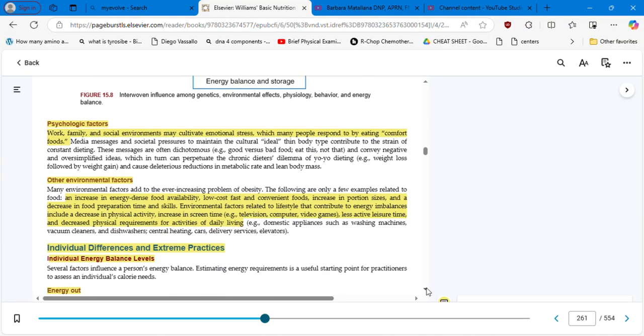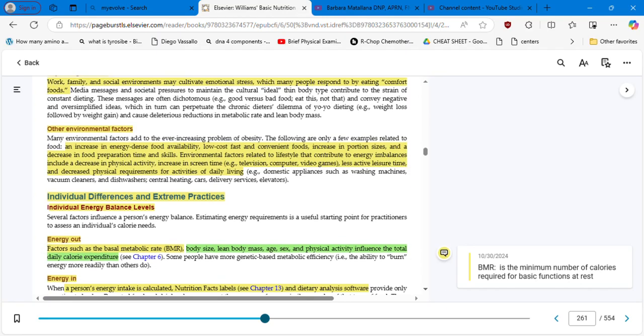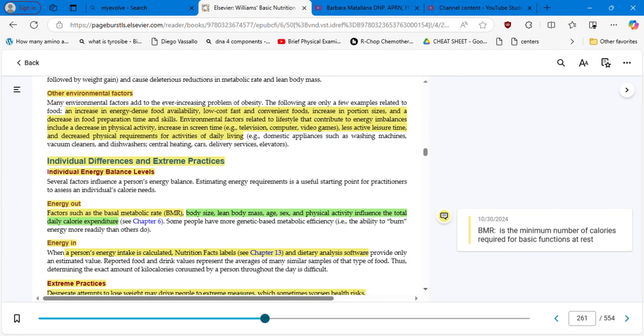Psychological factors, work, family, and social environment may cultivate emotional stress, which many people respond to by eating comfort foods. Other environmental factors: an increase in energy-dense food availability, low-cost, fast, and convenient foods, increase in portion sizes, and a decrease in food preparation time and skills.